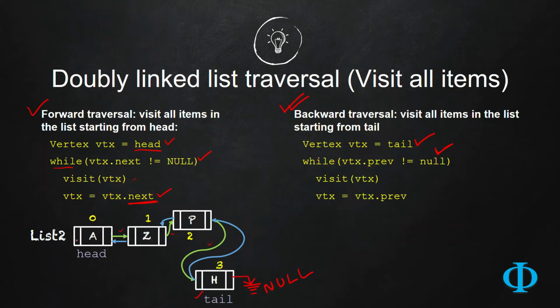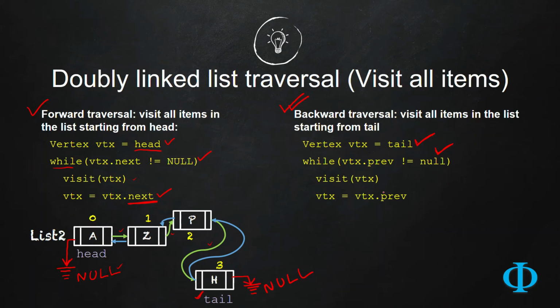As you know from the previous video, the previous of the head node also points to null in a doubly linked list. So we start from the tail node, and we will move until we hit the null, which is the beginning of the list.